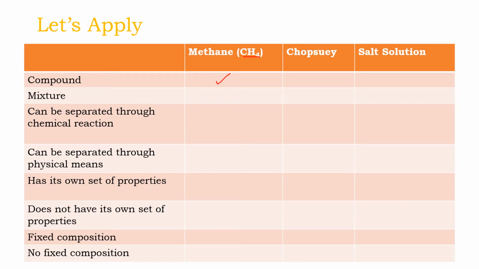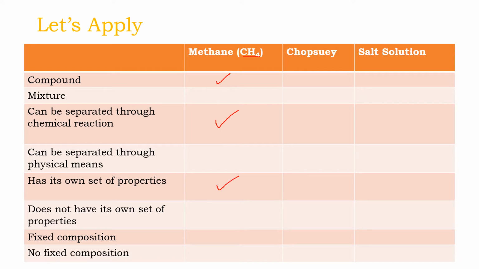At dahil po siya ay compound, ibig sabihin, can be separated through chemical reaction. That is check. Kapag sinabi pong compound, has its own set of properties ba o does not have its own set of properties? A compound has its own set of properties. Okay?